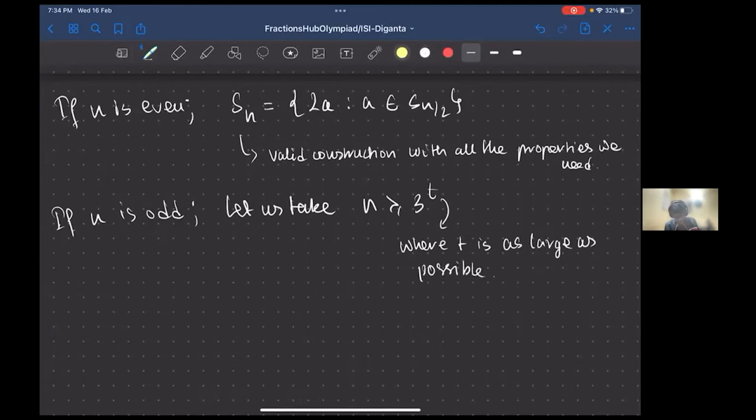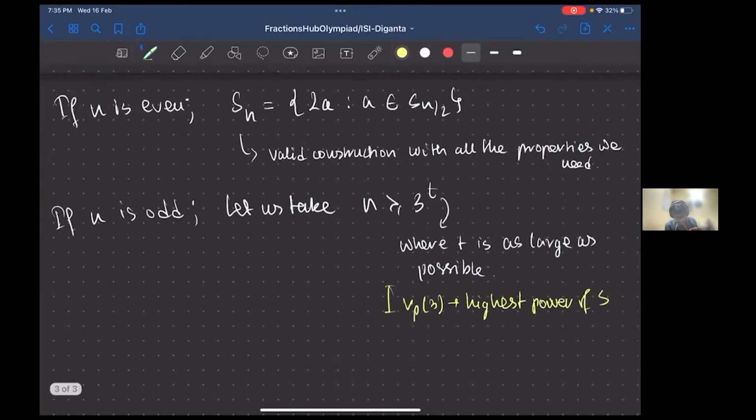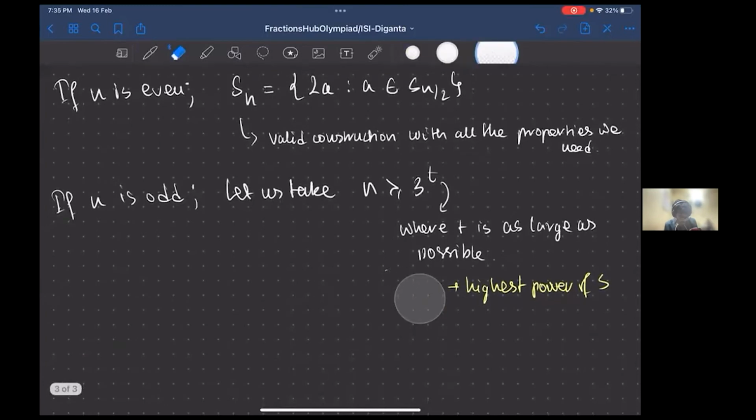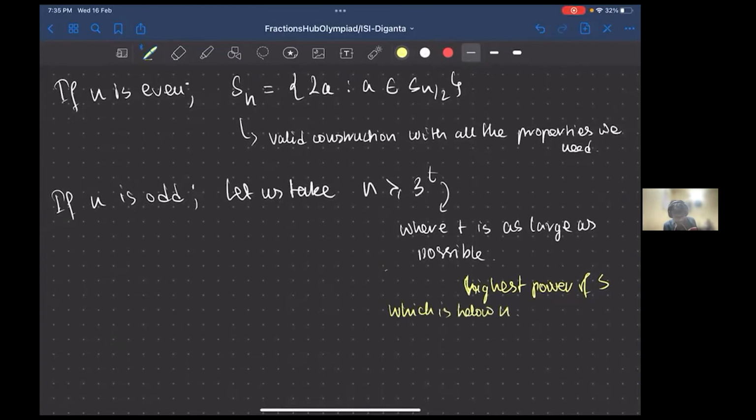So let me just write it down: the highest power of 3 which is below n. So we take that as 3^t.